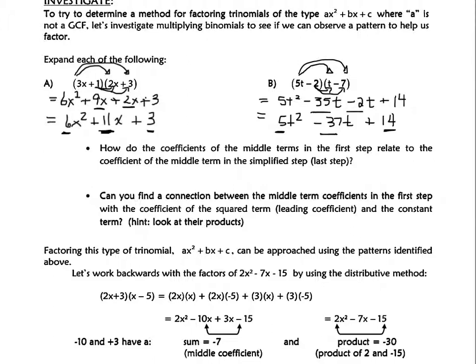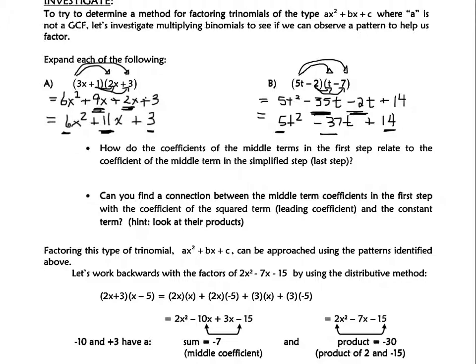It's just that this time the two numbers that we're looking for, to get to these middle terms here, have to multiply to give you the product of the leading coefficient and the constant term, and they have to add to give you the middle term in the trinomial that you're starting with.